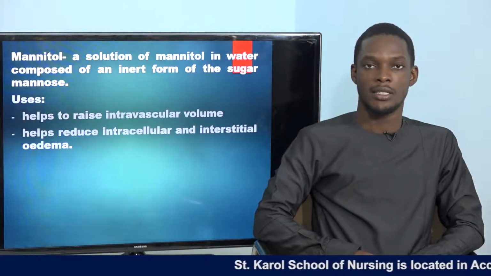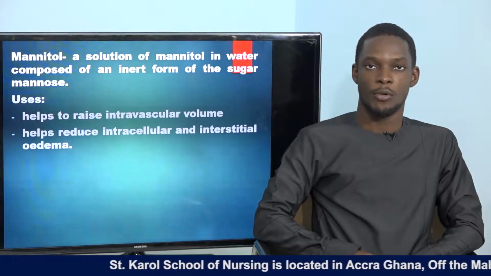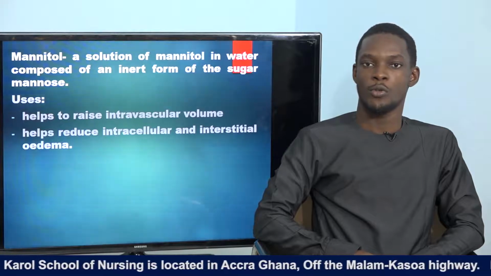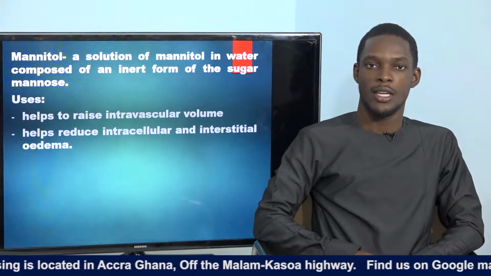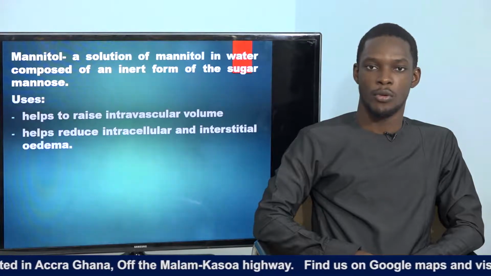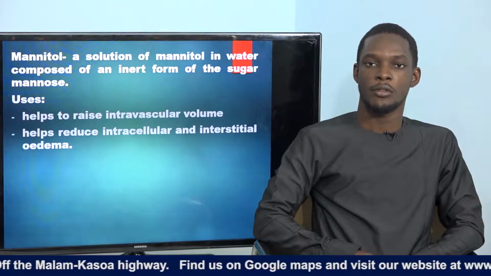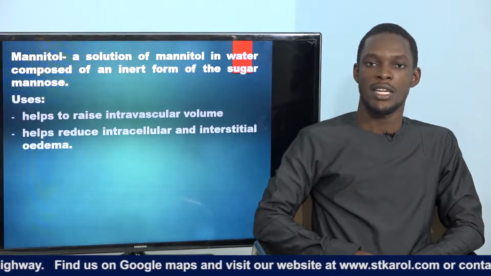Finally, for plasma expanders and colloids, we'll be looking at mannitol. Mannitol is a solution in water composed of inert form of the sugar maltose, hence the name mannitol. It helps increase the plasma volume and also reduce edema from third spacing.